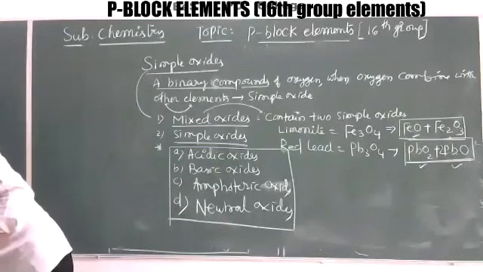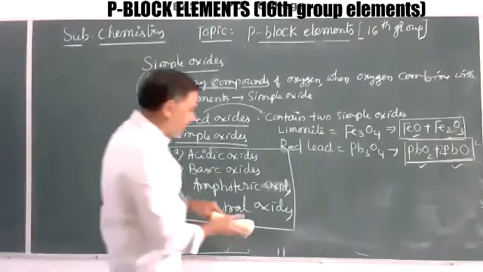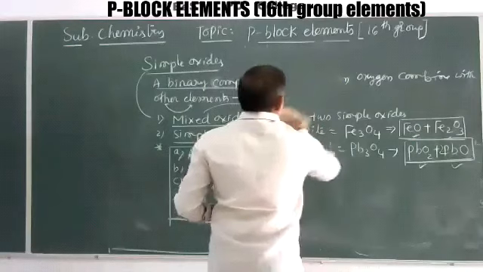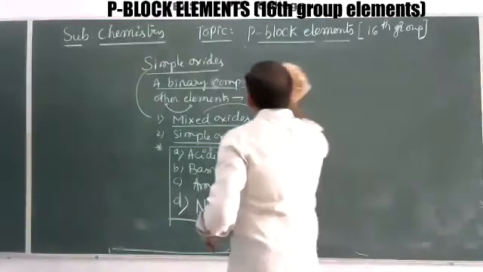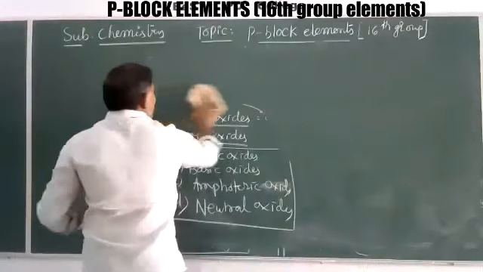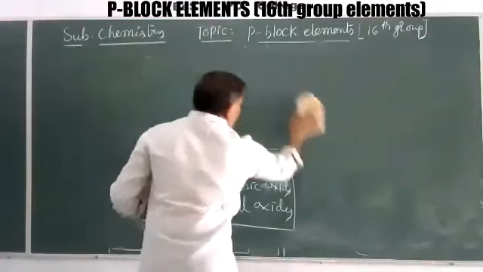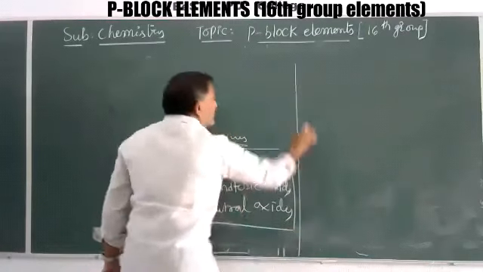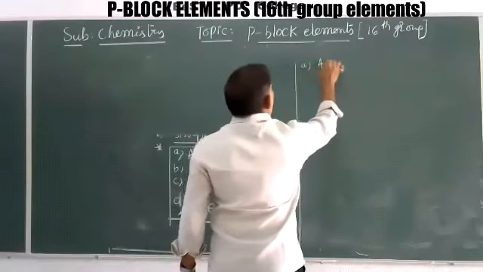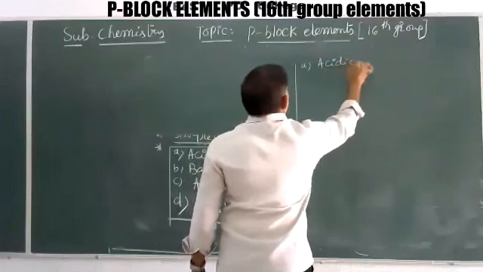So I'll explain all these important different oxides: acidic oxides, basic oxides, amphoteric and neutral oxides. Here the first one is acidic oxides.